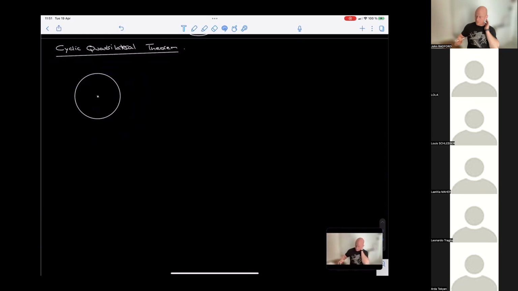I've got my circle. The first thing I feel needs to be defined here is cyclic quadrilateral, which makes things sound incredibly complicated. But first of all, we all know what a quadrilateral is: a polygon with 4 sides. Now if I have a circle like this, and I add 4 points to its circumference, anywhere, one there, one there, one here, and one here, then if I create a path joining those 4 points, it creates what we call a cyclic quadrilateral.